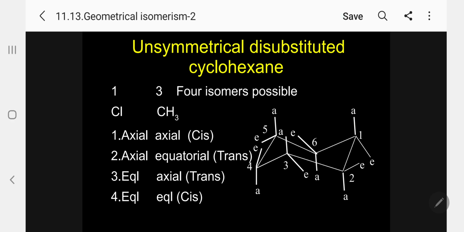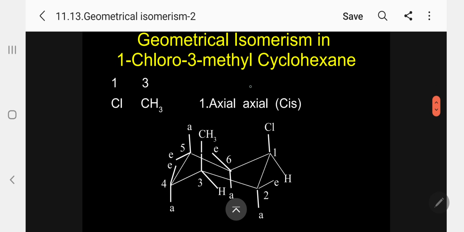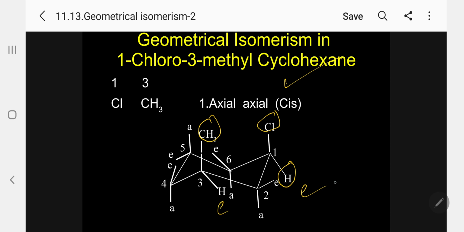As usual, here also 4 isomers are possible. Let me take 1, 3 again. In the case of chlorine axial and the corresponding 3 where the methyl group is also axial, both are above, it is cis. Consider hydrogen equatorial below, same equatorial below. So it is cis isomerism when comparing hydrogen.